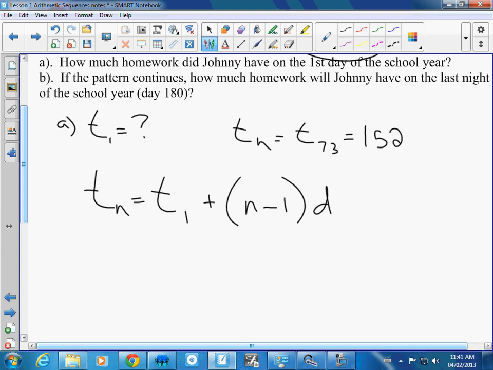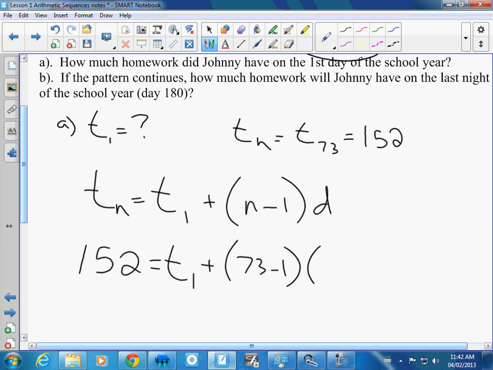What is the 73rd term? The biggest mistake you guys will make is you're going to put 73 there instead. That is not the number that goes there. What is the 73rd term? 152. Do you see how that could be a common mistake? So 152 equals, what's the first term? We don't know. What's n? 73. What's d? 1.5. Now it's just a matter of math.